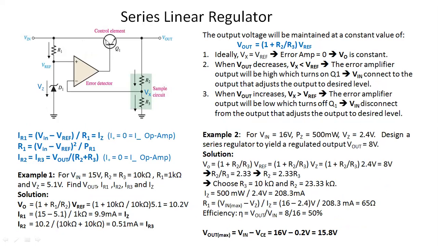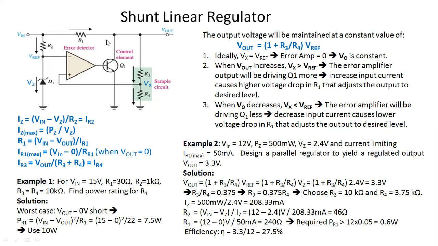We are not taking any resistor here. So if we are drawing the transistor in parallel with this sample circuit, and we are taking additional resistance, our equations will be the same, only we have resistances R3 and R4 here. So you will get output voltage equal to 1 plus R3 upon R4 into VREF, in place of R2 we will have R3 here. And the remaining you can solve, like if you are supposed to solve IZ.